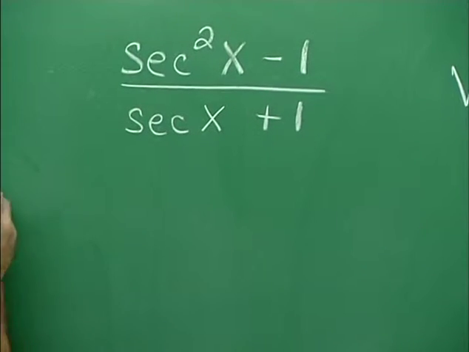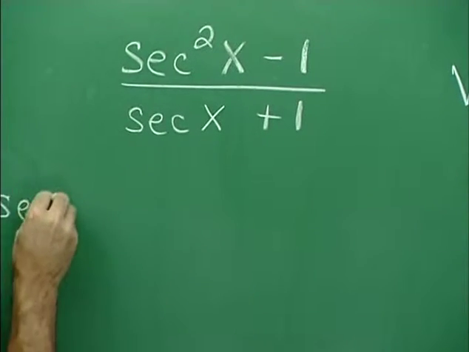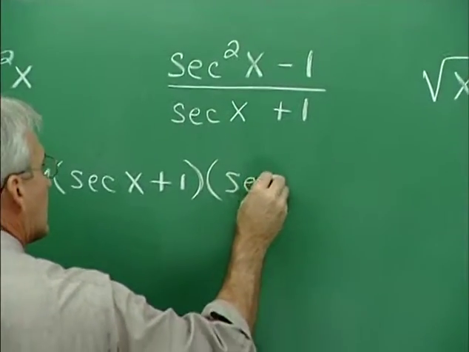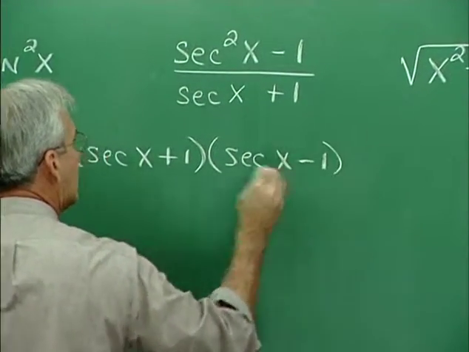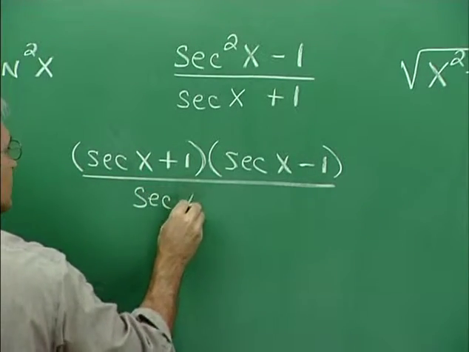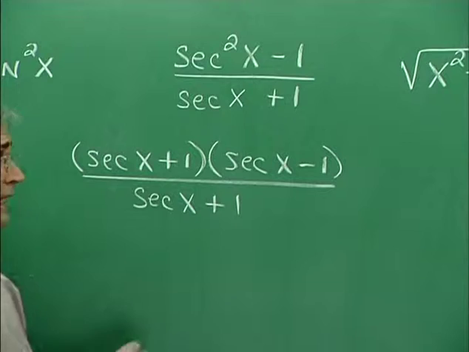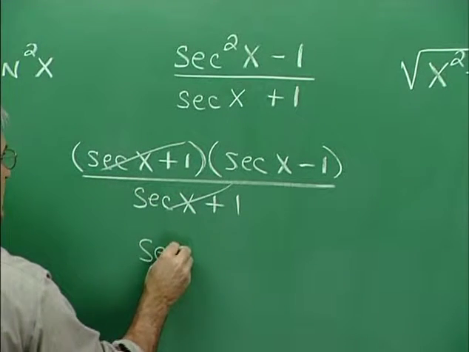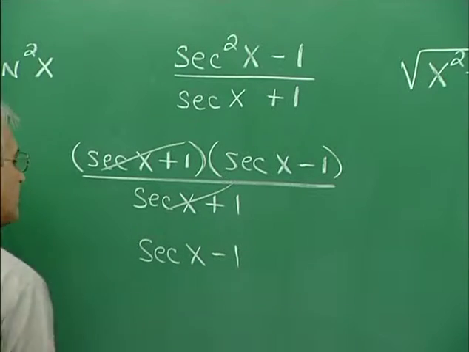It factors into secant x plus 1 times secant x minus 1. And now I bring down the denominator. And oh, happy day, I see a cancellation opportunity here. So this becomes secant x minus 1.